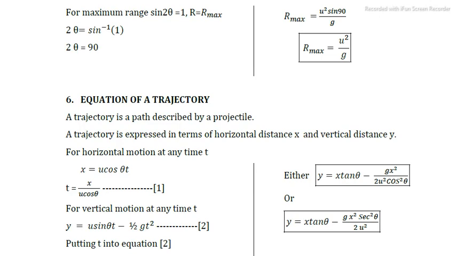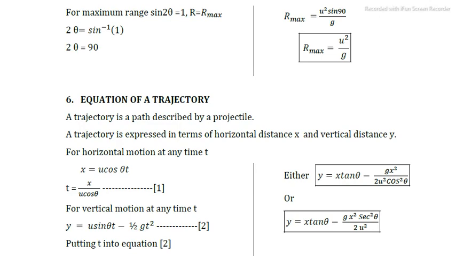Our sixth term is the equation of the trajectory. Trajectory means the path described by a projectile, and this trajectory is expressed in terms of horizontal distance x and the vertical distance y.